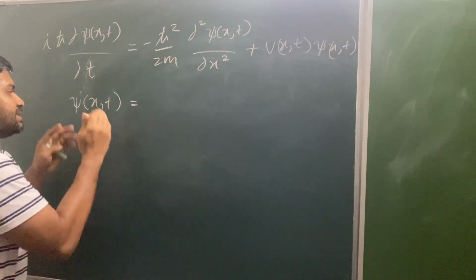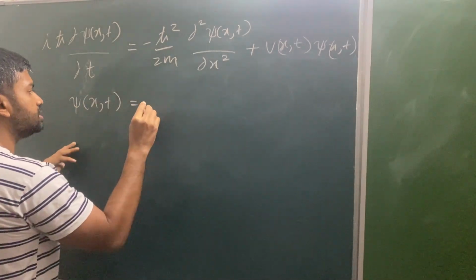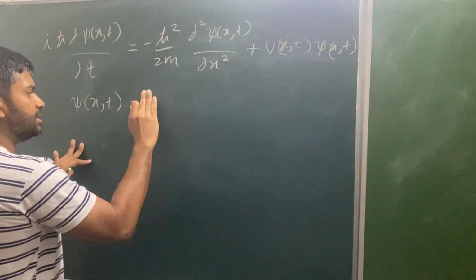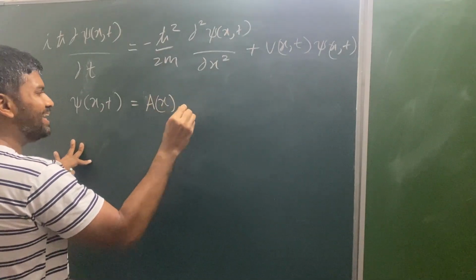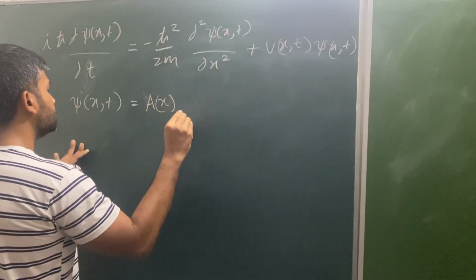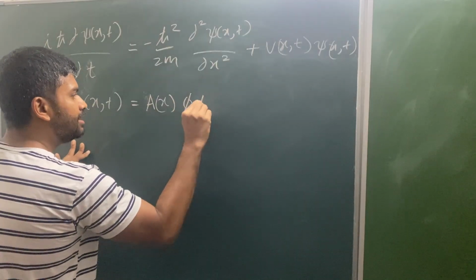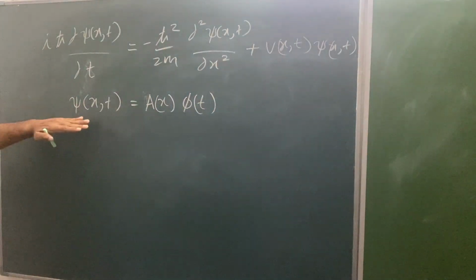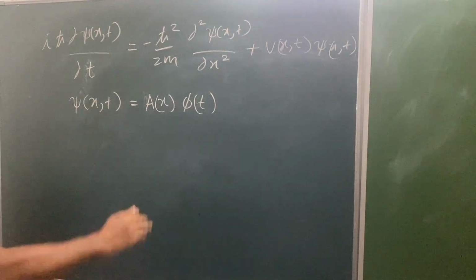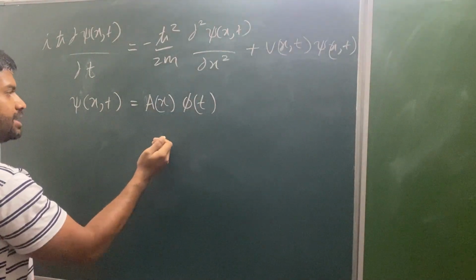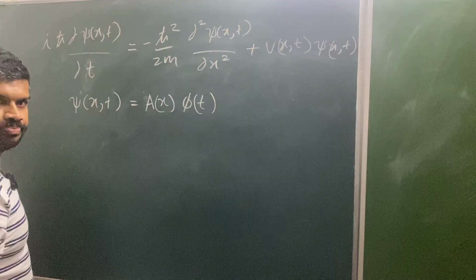What if we can separate them and write this like this? Imagine now, what if I can write ψ(x) and here φ(t). So now this function, which is a wave function, is written as two separable solutions.